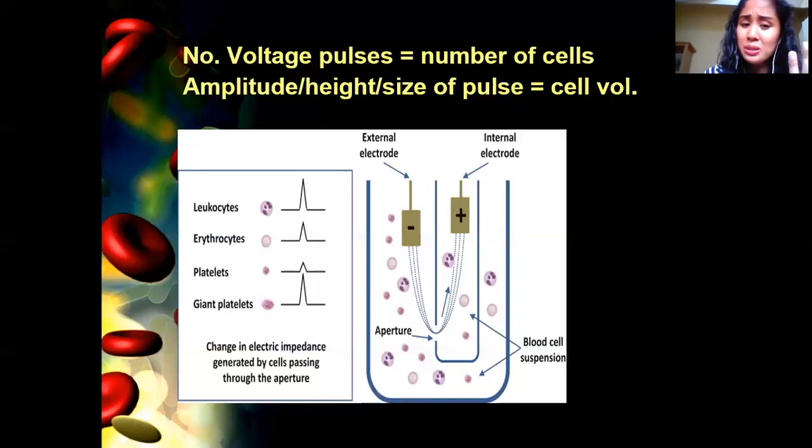It depends only on its size, its cell volume. So if you have microclots in your EDTA tube, remember that EDTA is used for the CBC, the machine may read them as leukocytes, so we should check. And yes, there may be giant platelets.